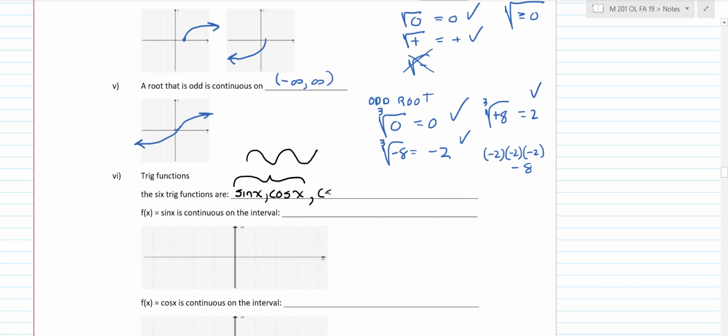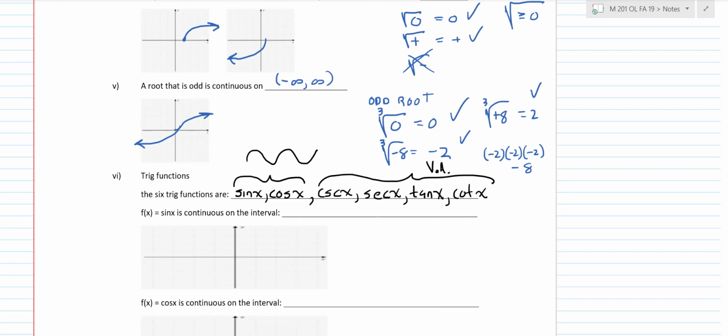Then we have the cosecant of x, the secant of x, the tangent of x, and the cotangent of x. These all have vertical asymptotes, so you're going to have lots of places on those four functions where it's discontinuous. You'll have an infinite discontinuity anywhere you have those vertical asymptotes.